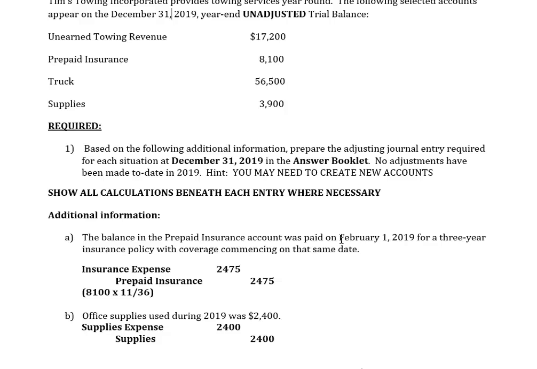Now notice we bought it in the current year. So we want to count the number of months from February to December where we used up some of this insurance. Well, we used up 11 months of it, right? But don't forget, $8,100 is for 3 years or 36 months.